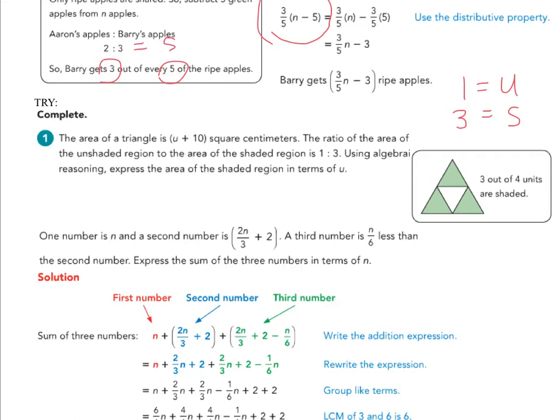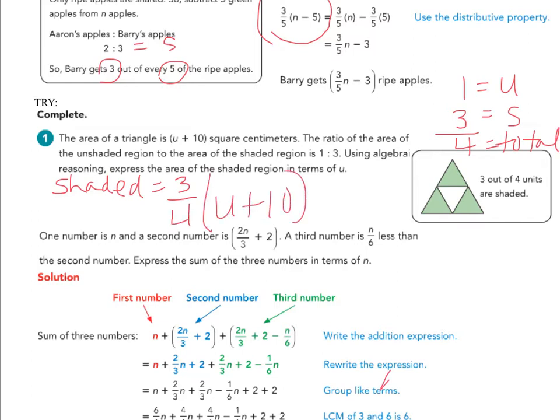The area of the shaded region is 3 out of the total, which is 4, because 1 plus 3 is 4. So 3/4 of u plus 10. If you look at the picture, 3 out of 4 pieces are shaded.